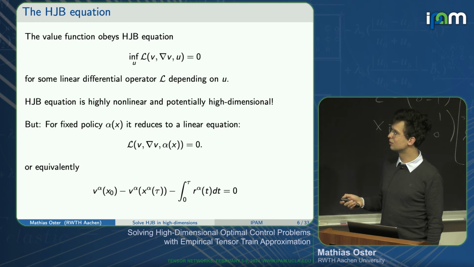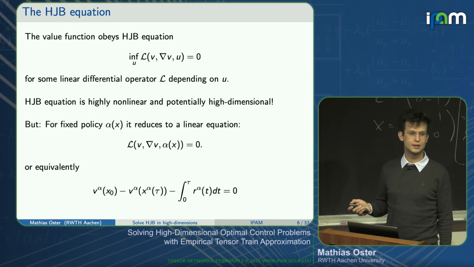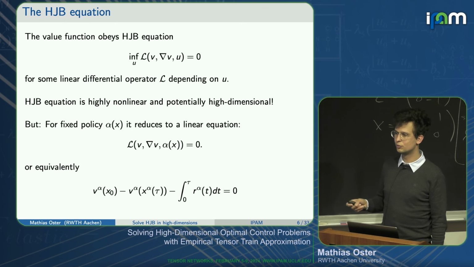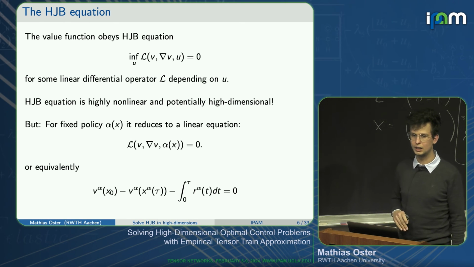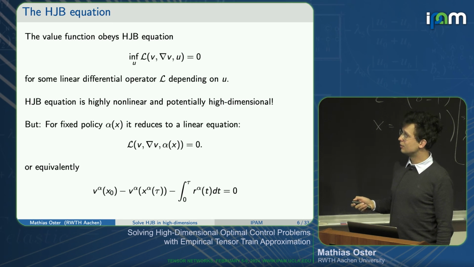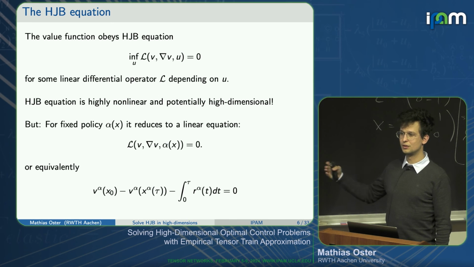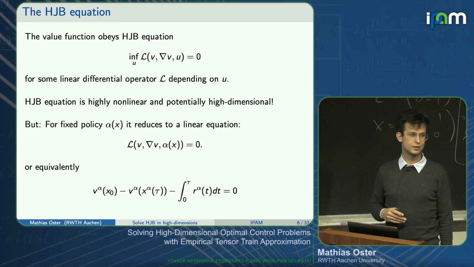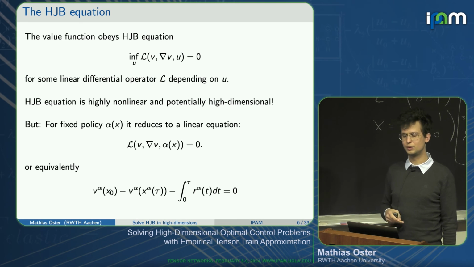So actually it looks kind of innocent if you only take this inner part because it's a nice linear operator, but the infimum breaks everything and makes it highly nonlinear and very difficult to handle in the general case. And remember, the value function itself is a function in high dimensions. So this is a very high dimensional PDE, depending on the discretization of the controlled PDE you have.